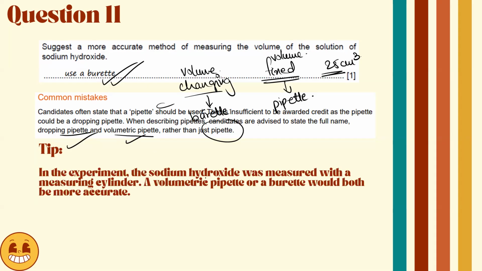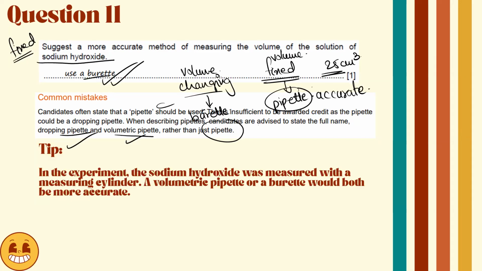In the experiment, sodium hydroxide was measured with a measuring cylinder. A volumetric pipette or a burette would both be more accurate. Here, in this experiment, if the sodium hydroxide solution volume is fixed, we can use a measuring cylinder or we can also use a pipette. A pipette is, on the other hand, more accurate.